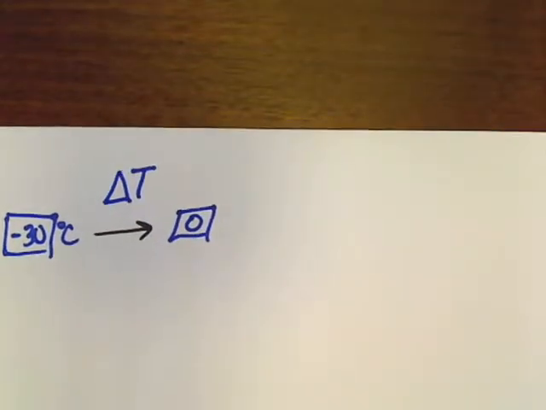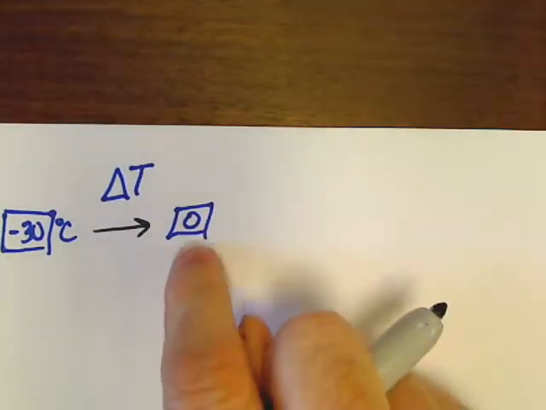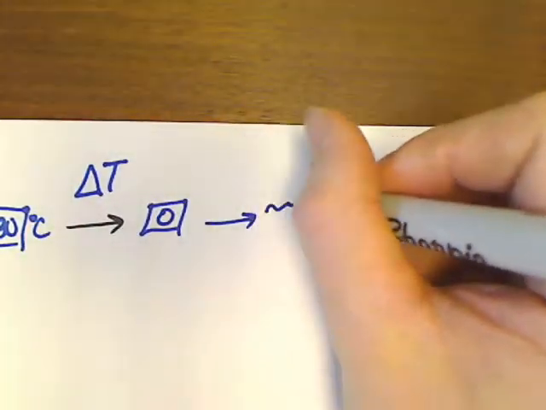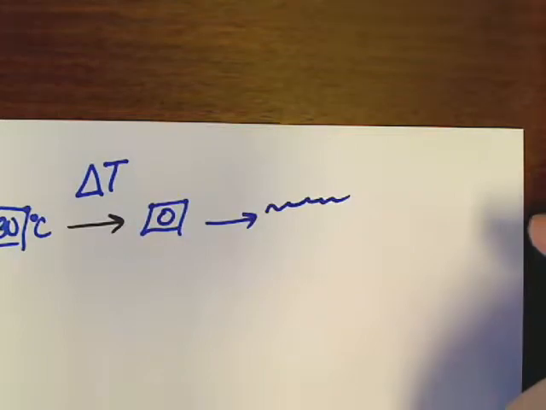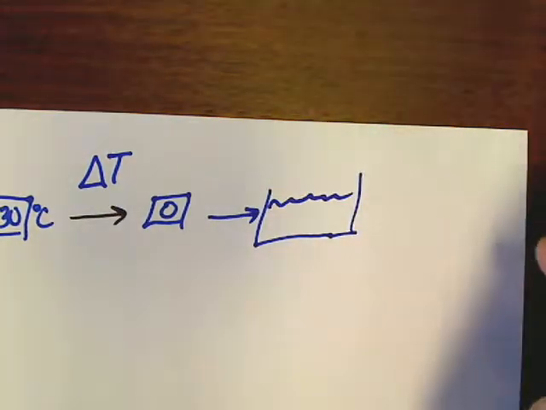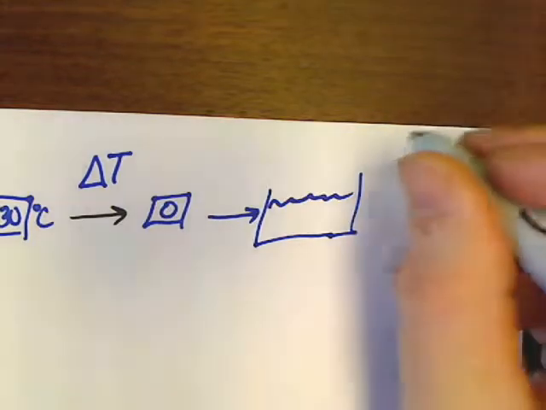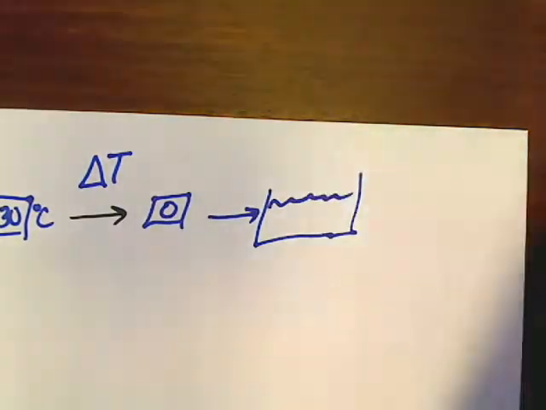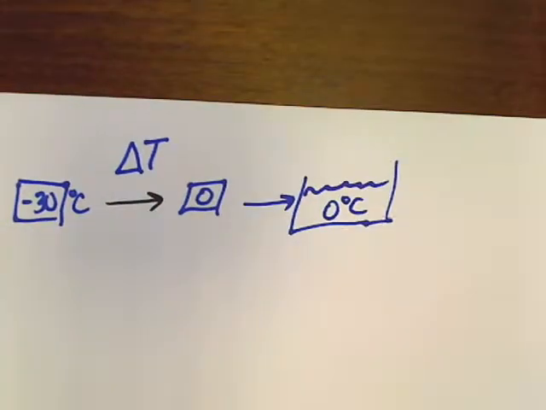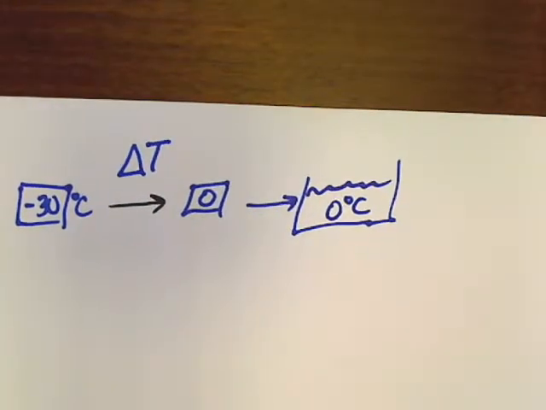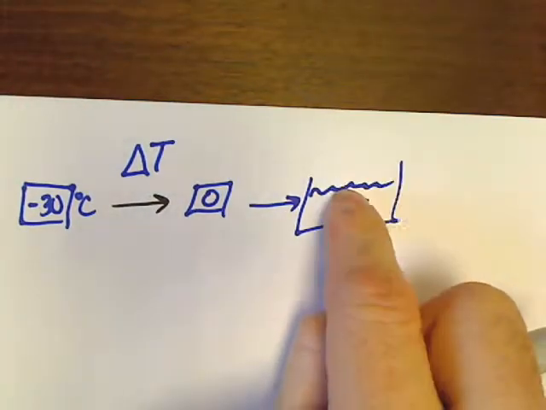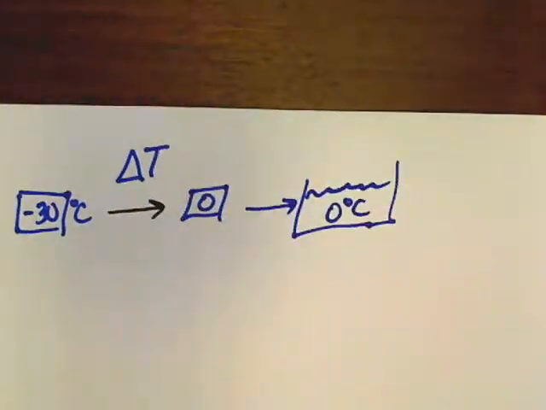Now, once you've got the ice to 0, well, congratulations, you can begin to make liquid water at that point. Okay, so let's say you do this, and now here's your liquid water. You've turned this block of ice into a liquid. Well, what's going to be the temperature of that water? The temperature of the water is still going to be 0, because that's where you're at. Now, what if I told you, okay, I want you to turn this water into steam.